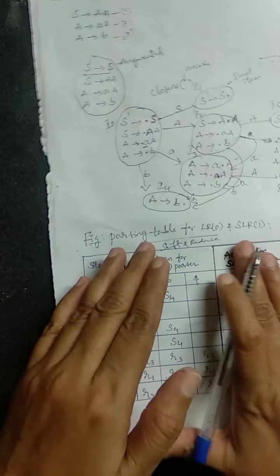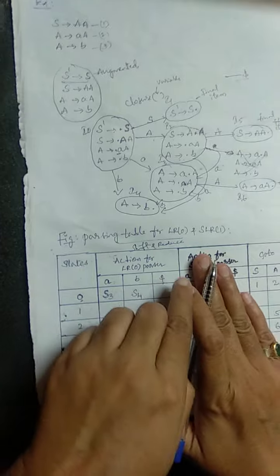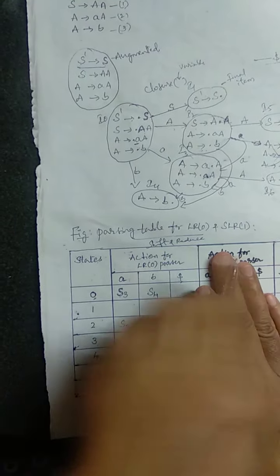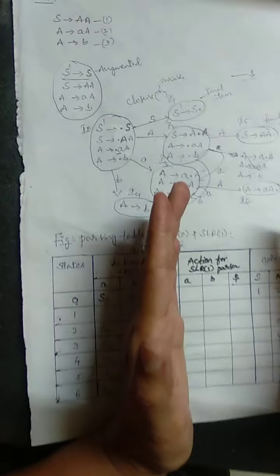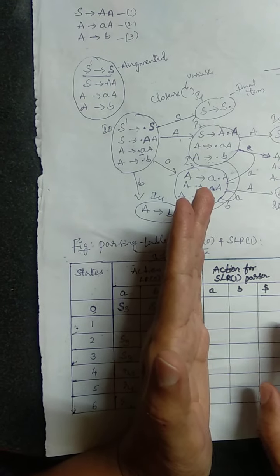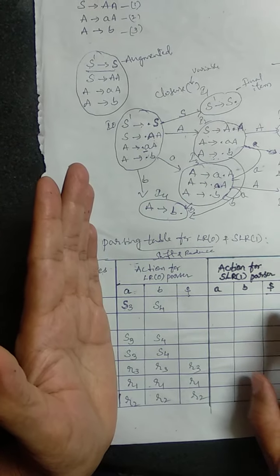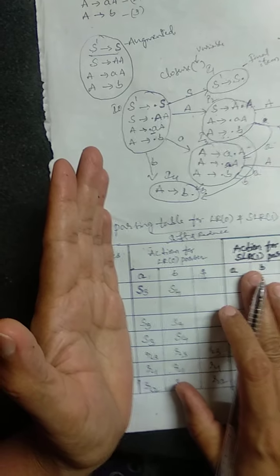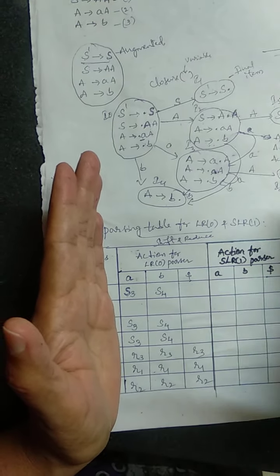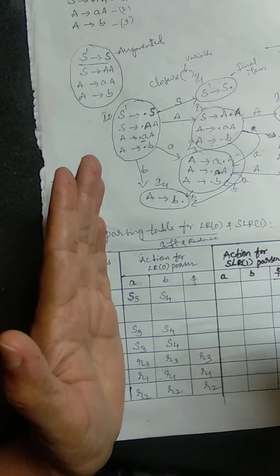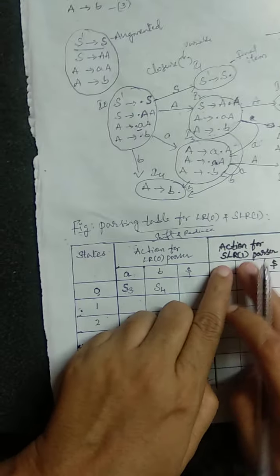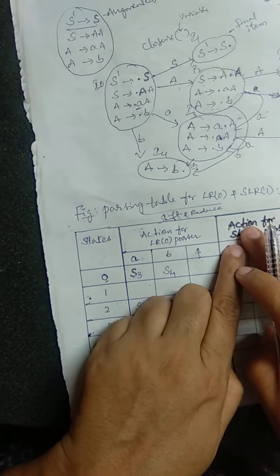If you have not considered this, then this action and goto is for LR0. Okay, now I am considering this. As I said already, the goto will be common for both LR0 and SLR1. Now no need to touch the goto because we have completed the goto, right? So now you are in the action table for SLR1, which includes only the shift and reduce actions.